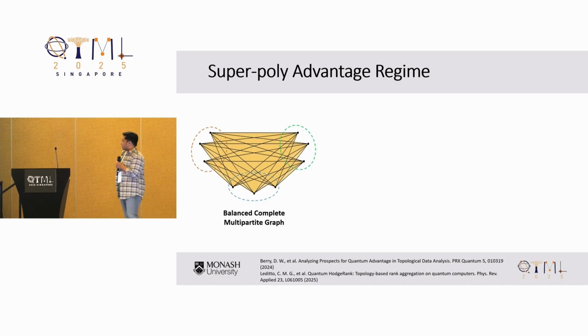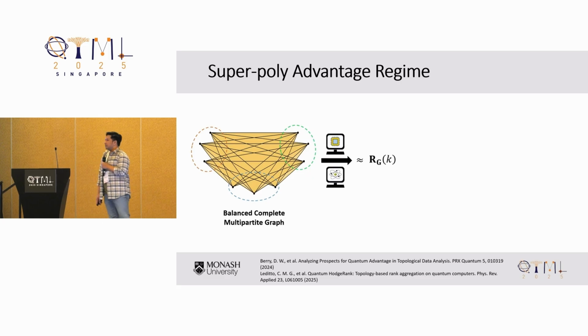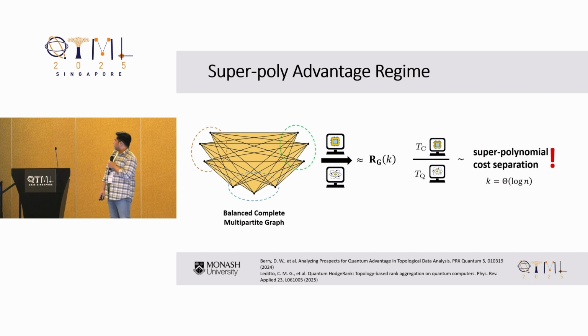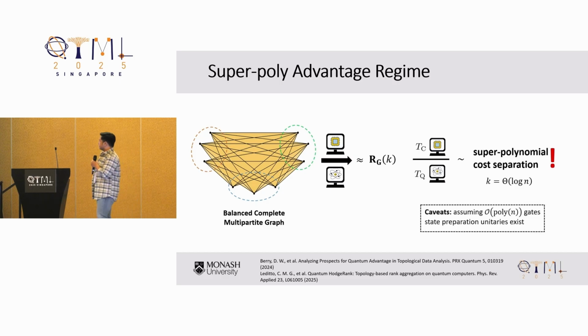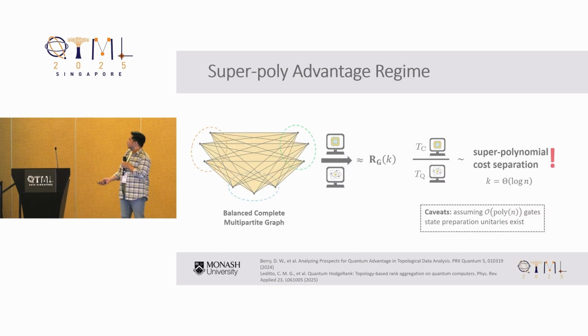This is a complete multipartite graph, and we analyze the cost of outputting the consistency measure classically and quantumly, and we have a superpolynomial cost separation if the dimension of the simplex is logarithmic in n. We have the caveat that the state preparation is assumed to be efficient. In general, this is not true for higher order network data.